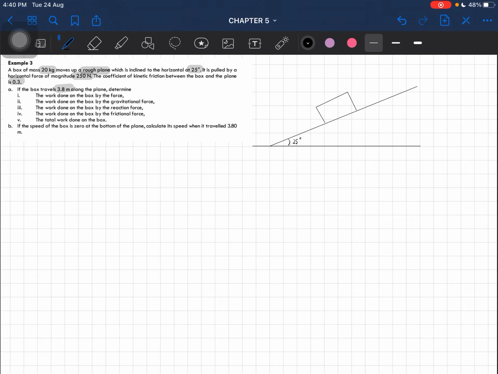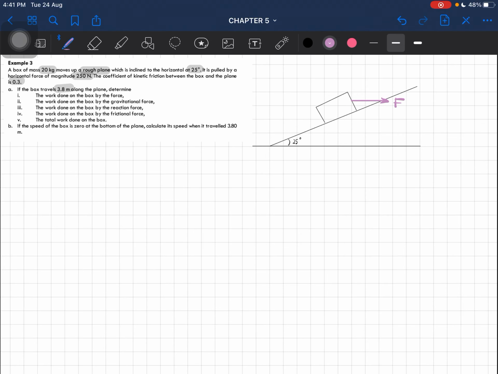There's a horizontal force of magnitude 250 Newton. It is pulled by that horizontal force. So let's label that as F.